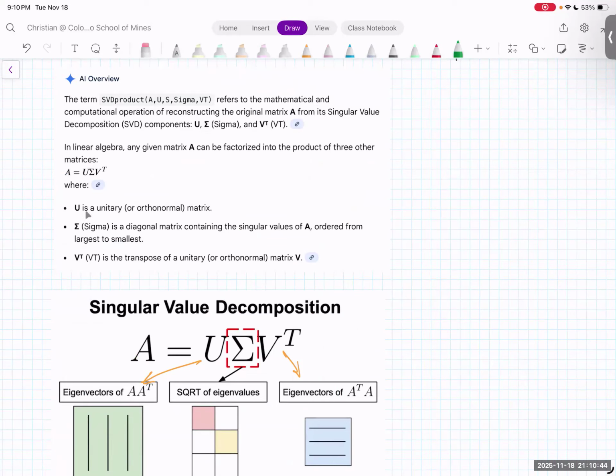The U is a unitary orthonormal matrix. We don't need to know right now what orthonormal means other than the columns act like eigenvectors for our non-square matrix.